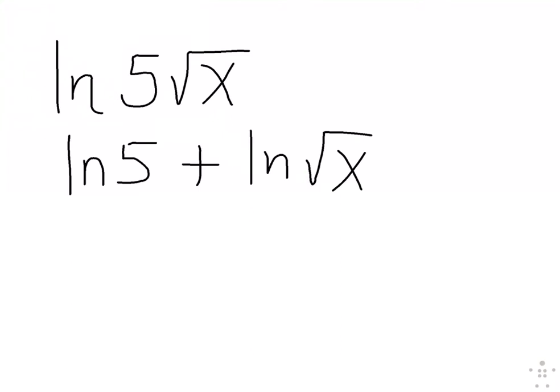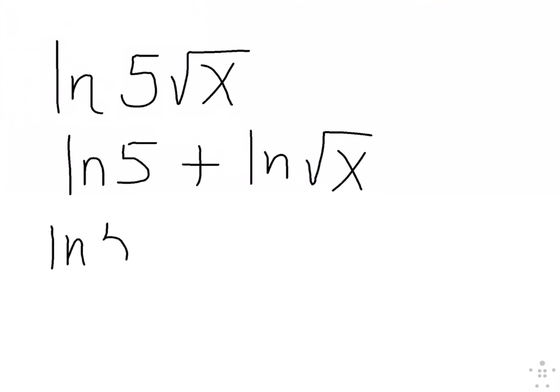Now, here's the catch. Are there any exponents in this problem? Yes, there is. The 5 has an exponent, but it's just a 1. Do I need to put a 1 in front of something? No. Does the square root have an exponent? Yes. And this is the part that you guys did in chapter 5, which you probably forgot because it was a couple months ago.